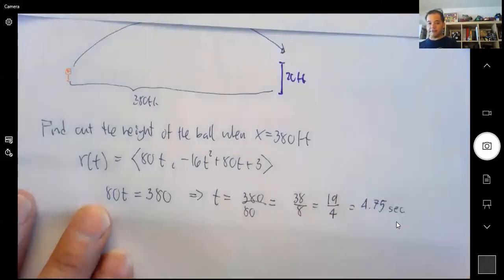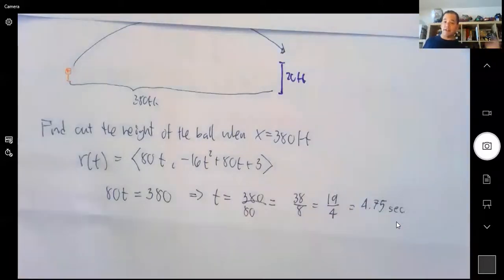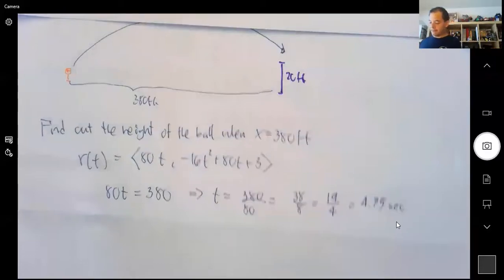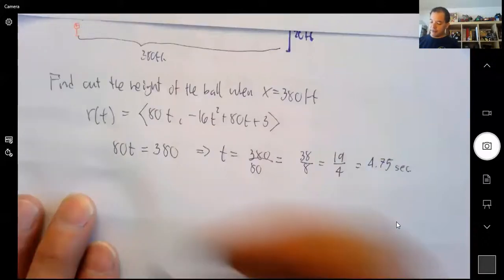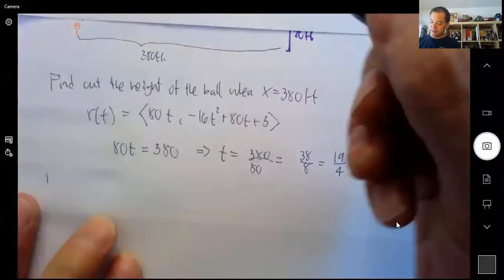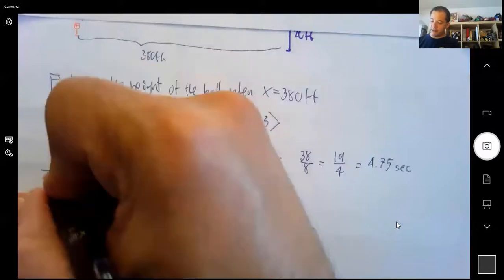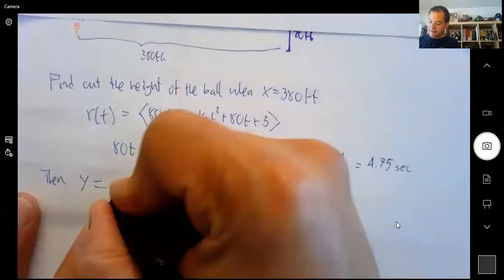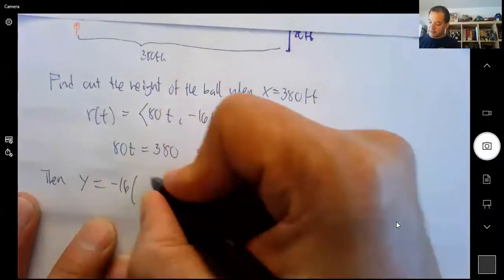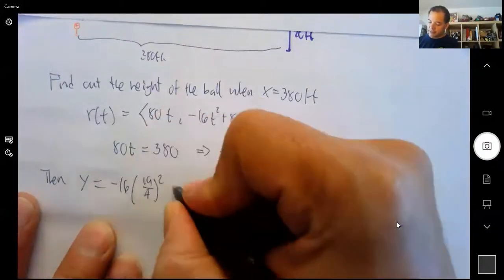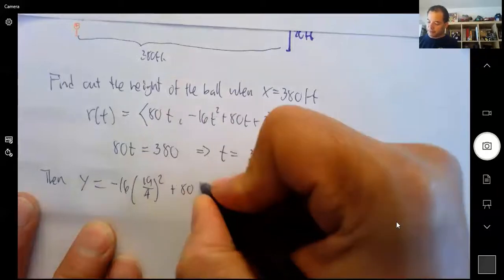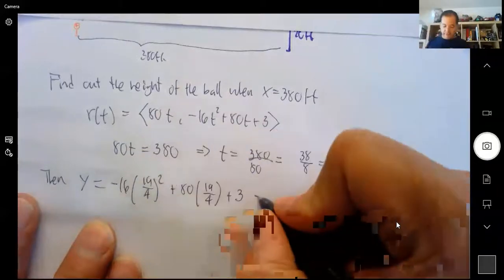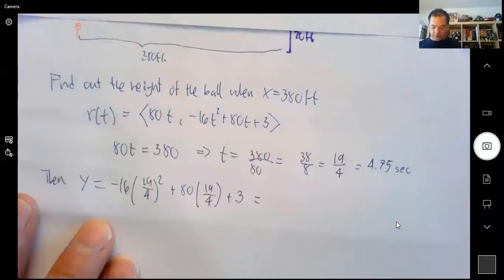So after 4.75 seconds, the ball has traveled 380 feet. How high is it? To find the height, y will be negative 16 times (19/4) squared plus 80 times 19/4 plus 3. And we just need to check if this number is bigger than 20 or less than 20.